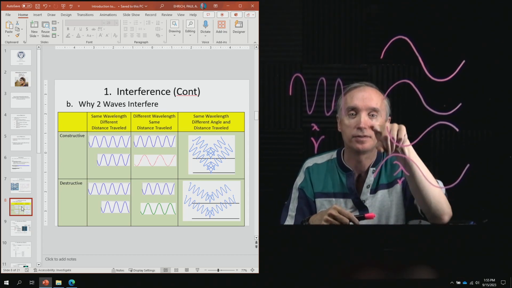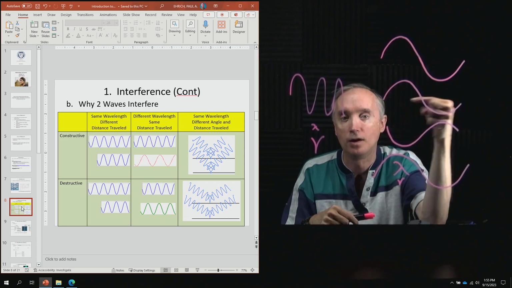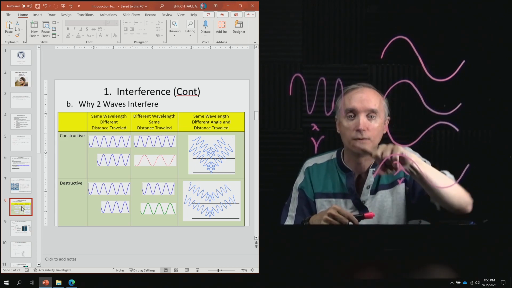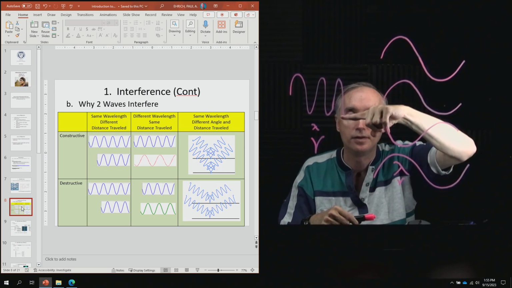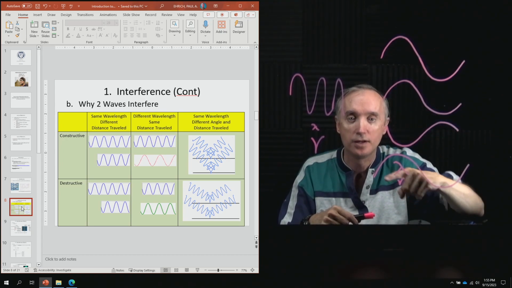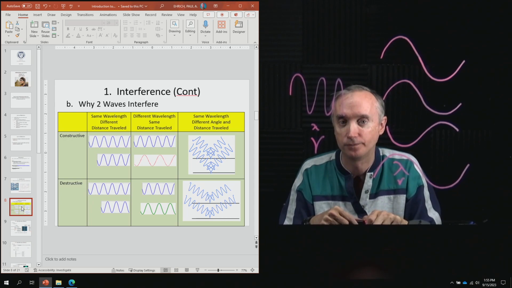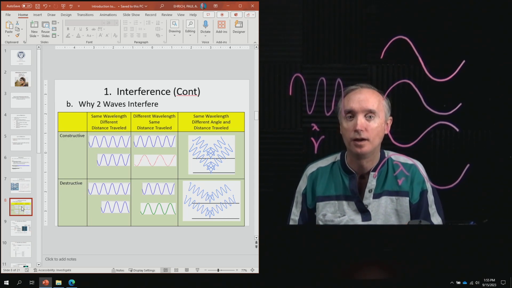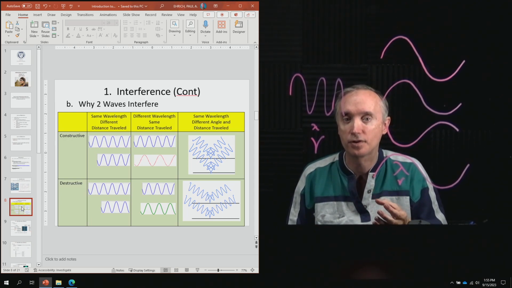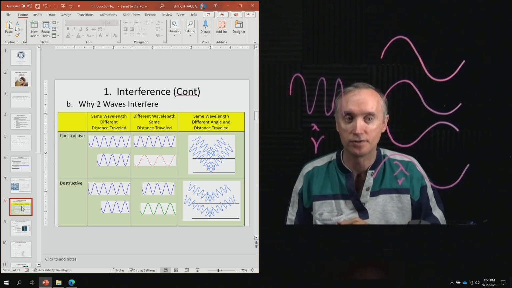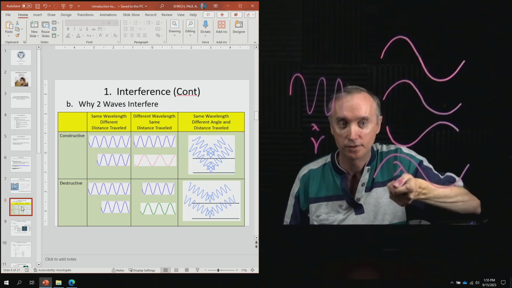So you see in the bottom picture on the left, it shows that when one of the waves is going up, the other wave is going down, and so when you put the two together, you get destructive interference.